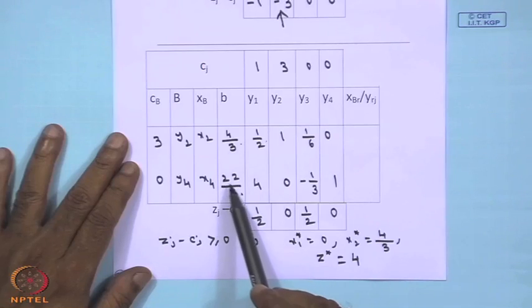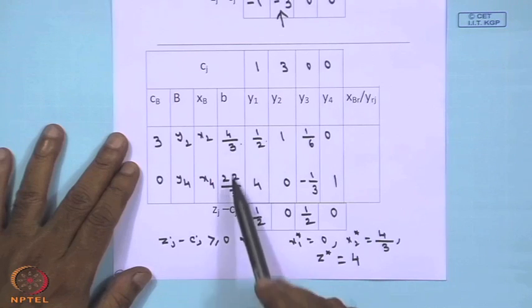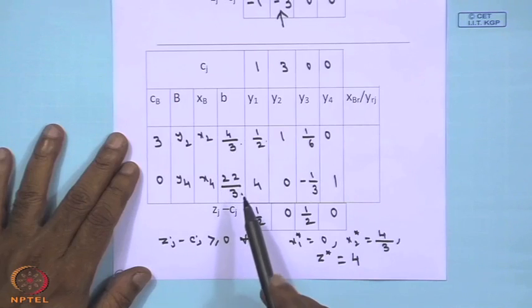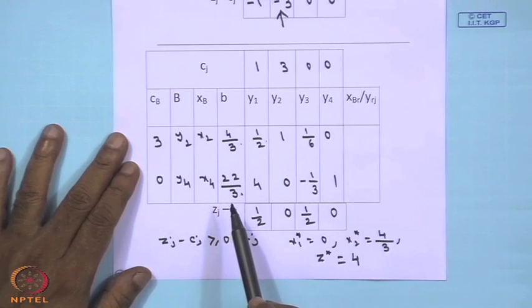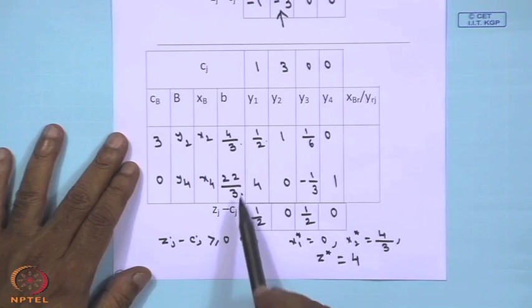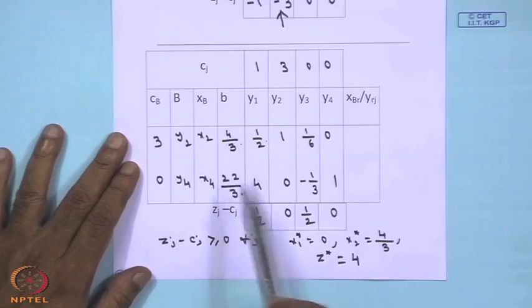So, you can take any one of these two variables x2 and x4, because there is no variable with the largest fractional part; the fractional parts of both are the same in this case.